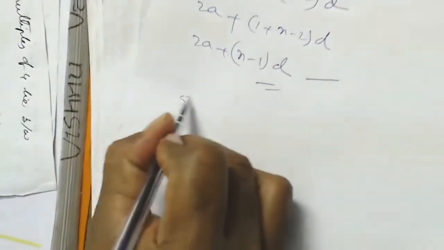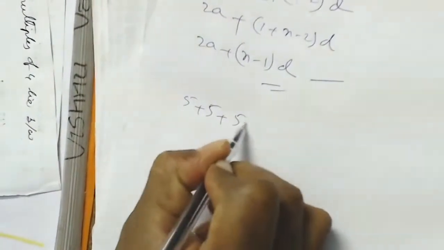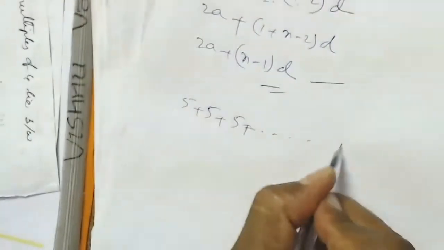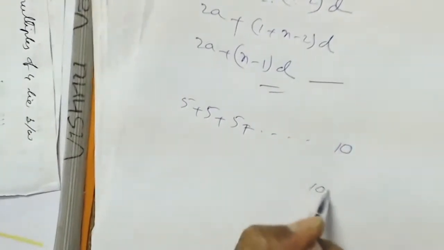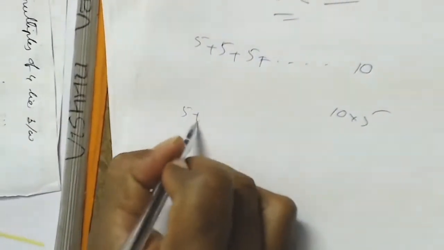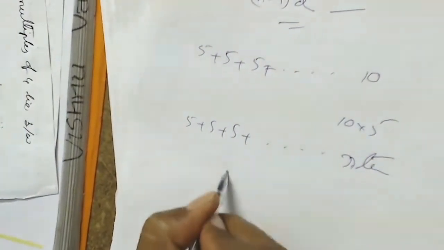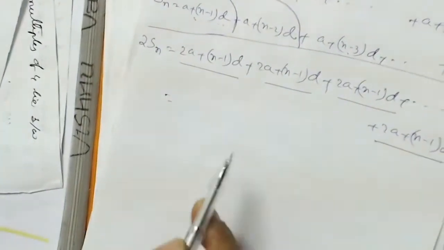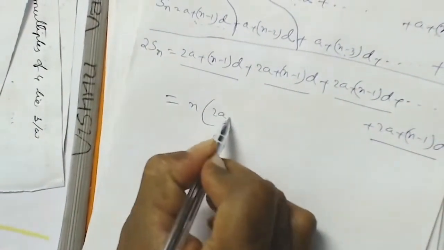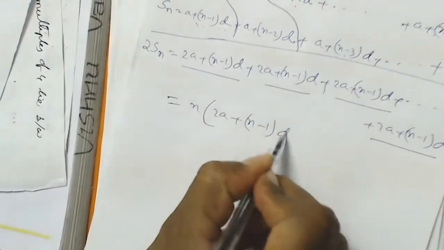See here, 5 plus 5 plus 5 plus etc. If 10 5s are there, the sum becomes 10 into 5. Like 5 plus 5 plus 5 plus n terms, the sum becomes 5n. Like that, 2a plus n minus 1 into d, n of them are there. So their sum becomes n into 2a plus n minus 1 into d only.